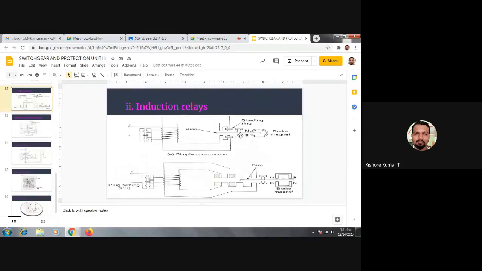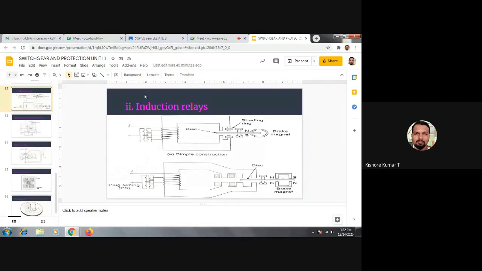Since it is free from any opposition, the disc will be freely moving in space. Even in the absence of magnetic field, the disk continues to rotate.